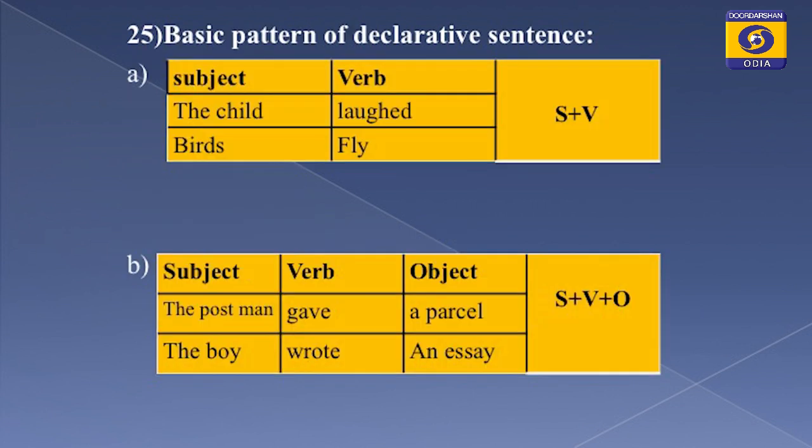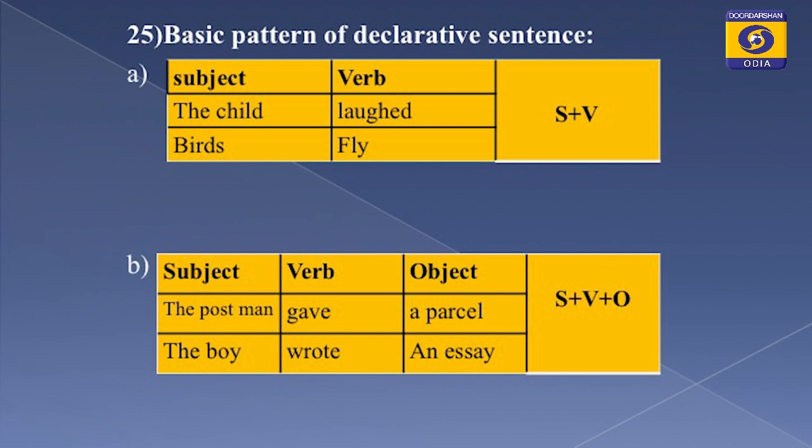Then you see, declarative sentences have some patterns. That is called the basic pattern of declarative sentences. Here you see how we write declarative sentences. We write them like this. These are the patterns of declarative sentences. 2 examples are given for one structure.